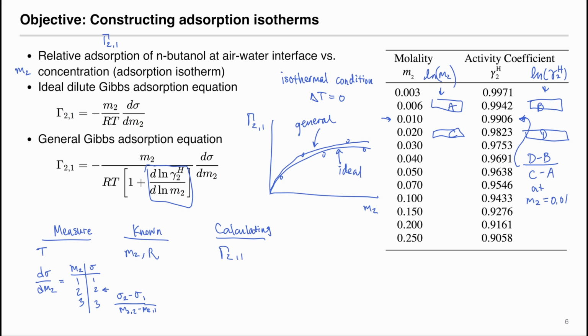That is fitted from 2 different sets of data, for example, one is solid dots and one is hollow dots. We want to fit 2 nonlinear equations through them, one through the ideal dilute and one through the general equation.